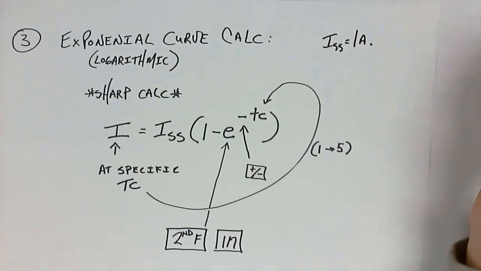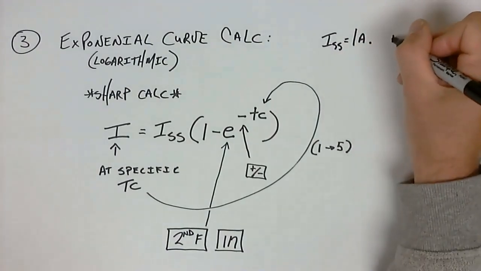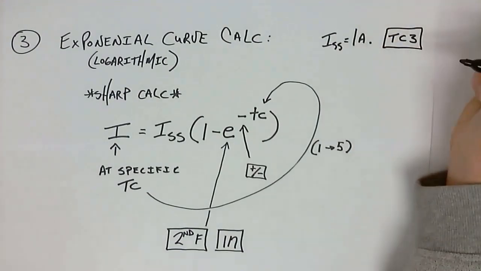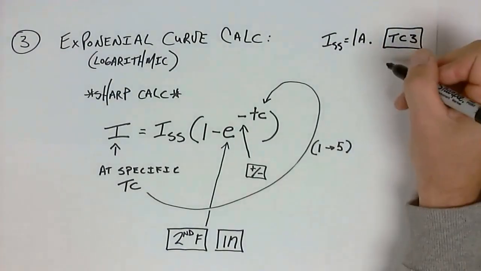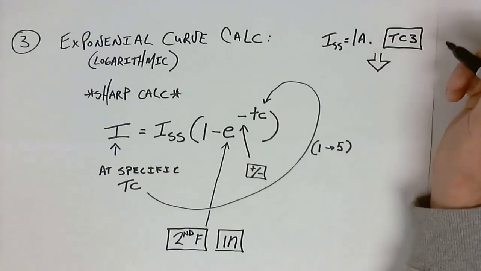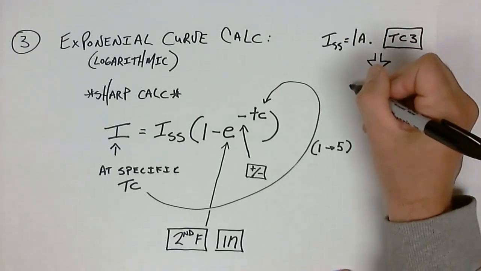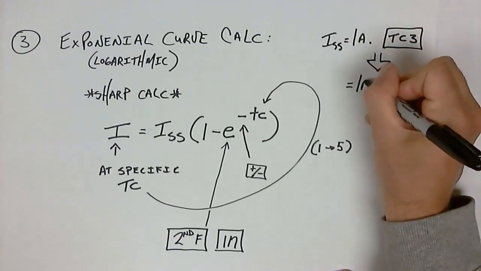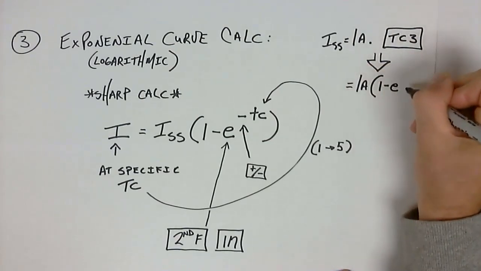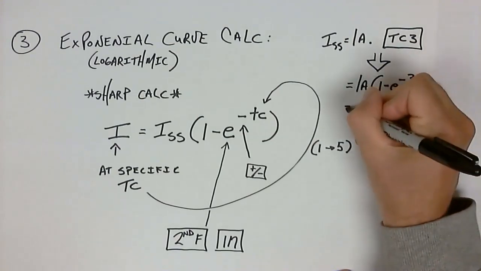So let's move it over a little bit here and say, okay, for time constant 3, let's calculate what that's going to be. It's going to be less than 1 amp, and the steady state value is 1 amp. So we're going to take 1 amp, 1 minus e to the negative third time constant.